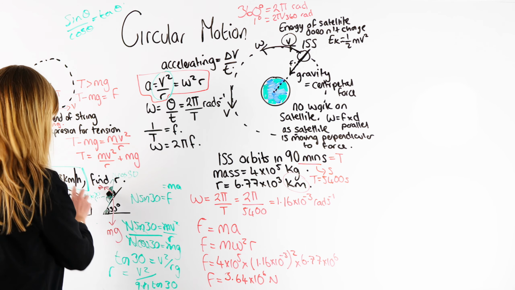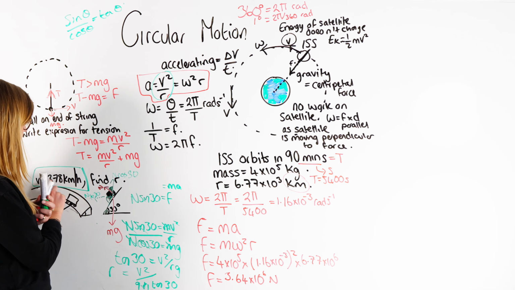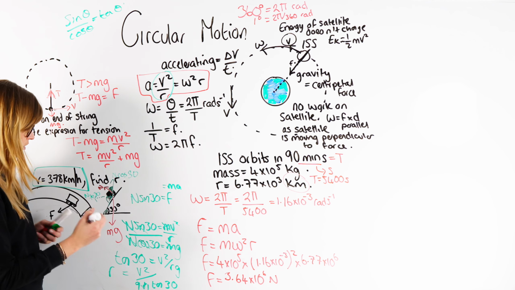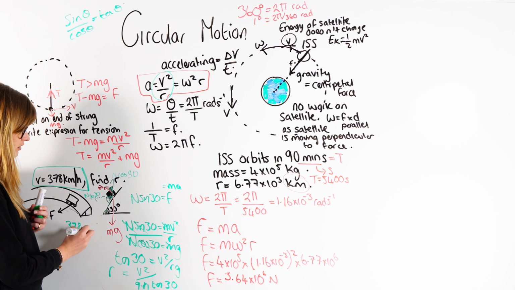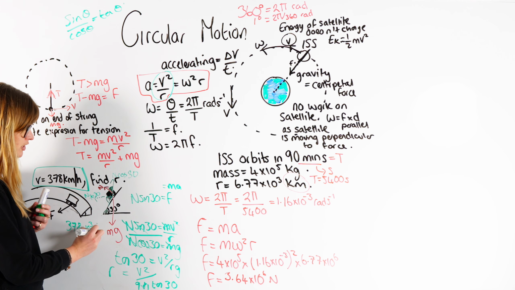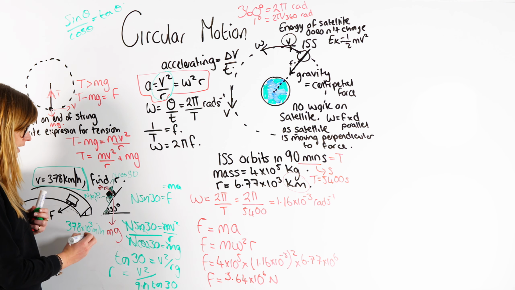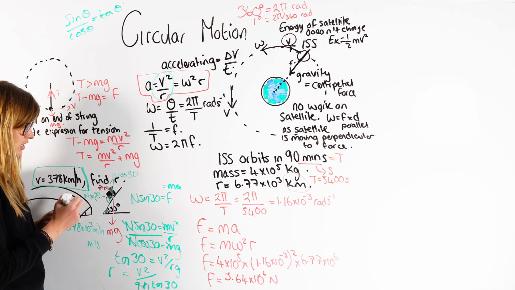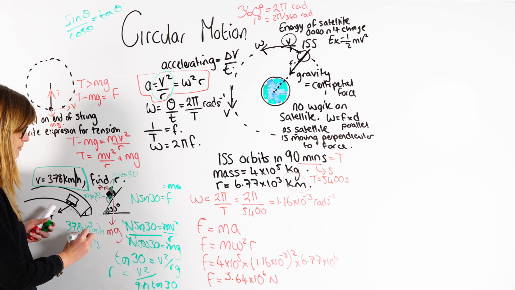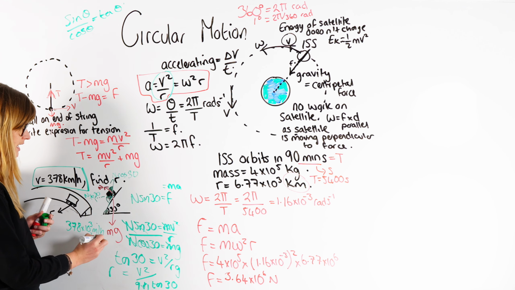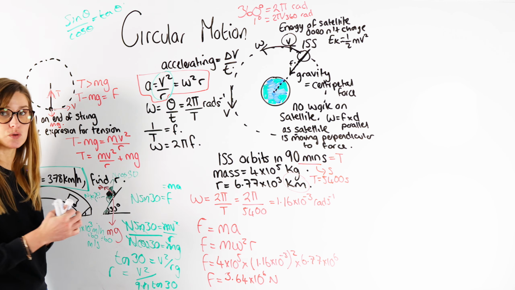But careful here, they give it in kilometers per hour. So it's 378 kilometers per hour. That's 378 times 10 to the power of 3 meters in 1 hour. But I want to get into meters per second. So if it goes that many meters in 1 hour, to see how many meters it goes in a second, we'll divide by 60 to see how many meters it goes in a minute, and divide by 60 to see how many meters it goes in a second.